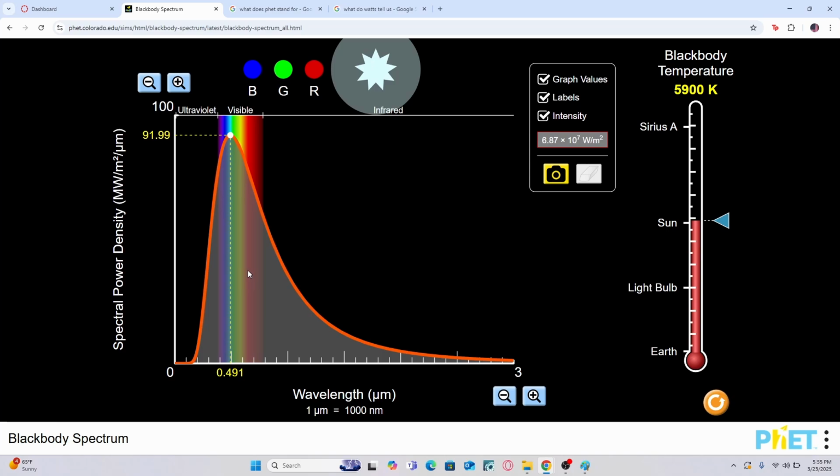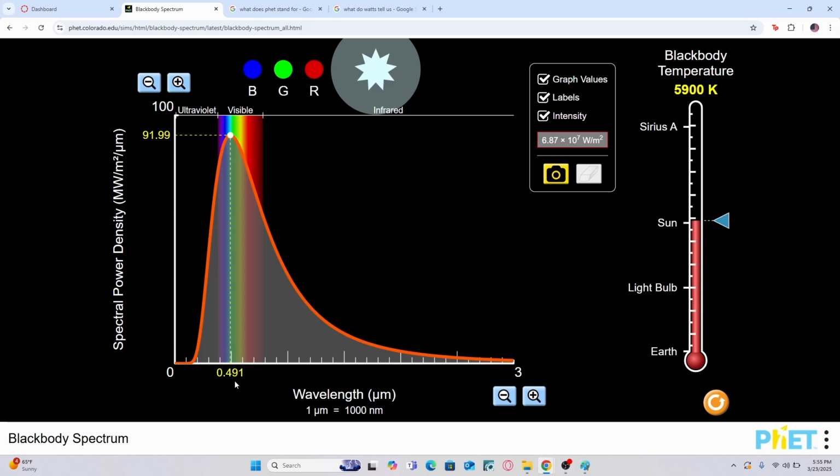Which kind of explains evolution, right? Our eyes have adapted to see this wavelength because that's the wavelength that our sun emits in highest abundance.